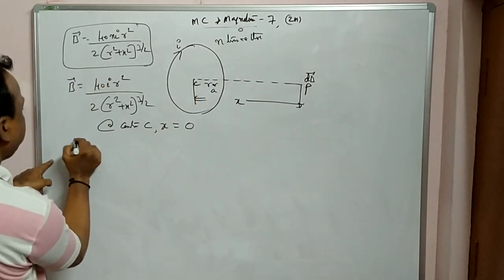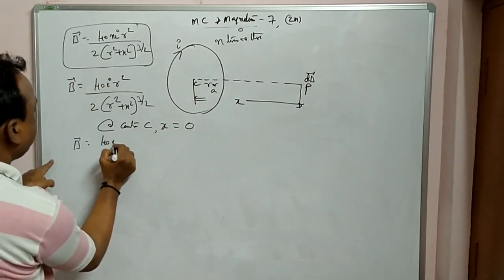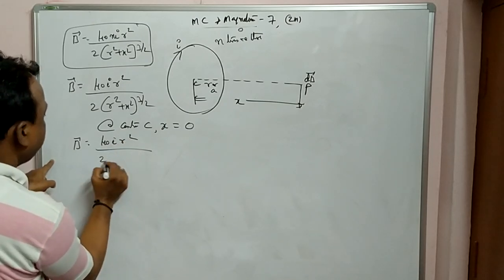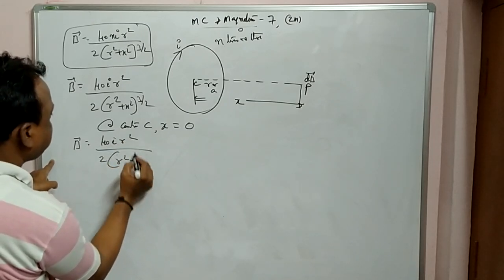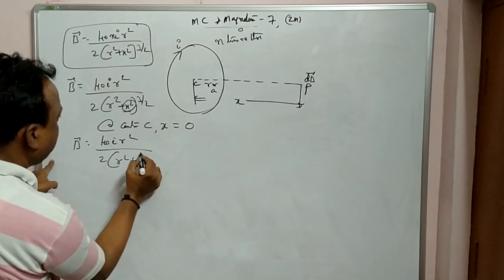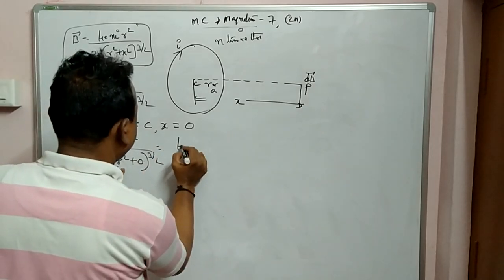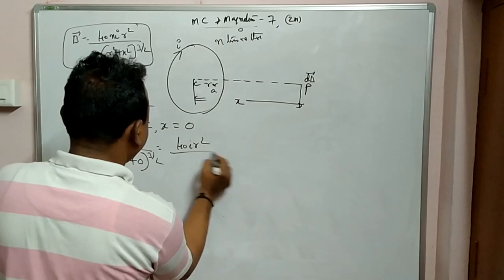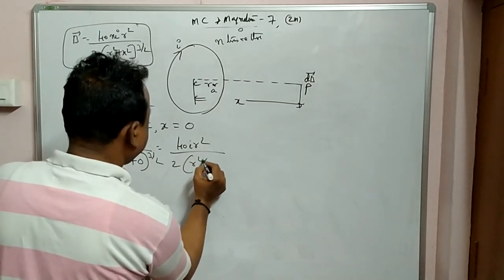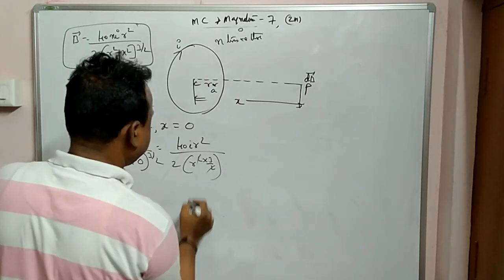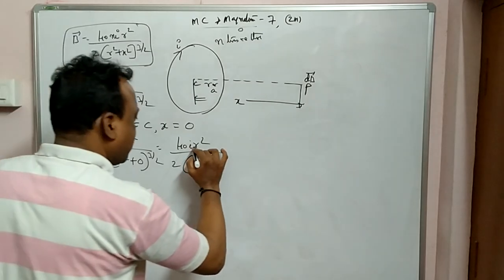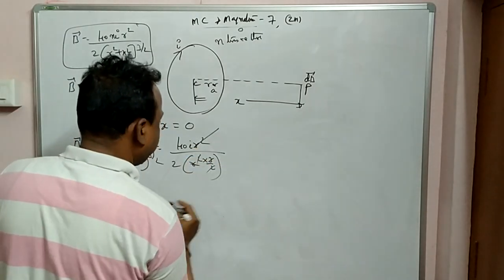What is the B value? Magnetic field mu naught I R square by 2 into R square plus x square, put 0, power 3 by 2. So R square power 3 by 2 is R cube, and 2 gets cancelled. Here one R is left over.